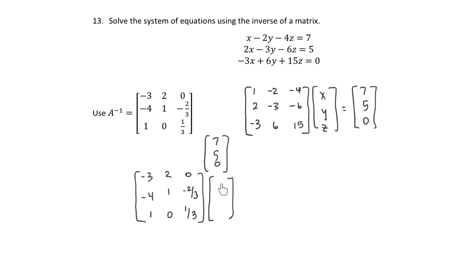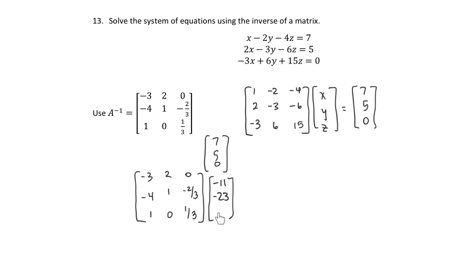So this is a combination of that row and this column. So this is negative 21, positive 10, and 0. So negative 21 plus 10 plus 0 is negative 11. This answer is a combination of that row to that column. So this is negative 4 times 7, that's negative 28, plus 5, that's negative 23, plus 0, so negative 23.